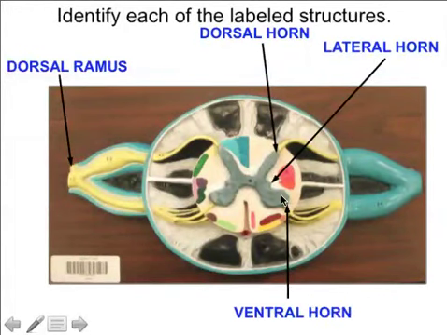Remember, cell bodies are primarily in this region, and you can see here the ventral roots and the dorsal roots. Okay, remember the dorsal roots receive sensory information from the external environment, relay it to the central nervous system. The ventral roots transport motor information away from the central nervous system and to their targets.